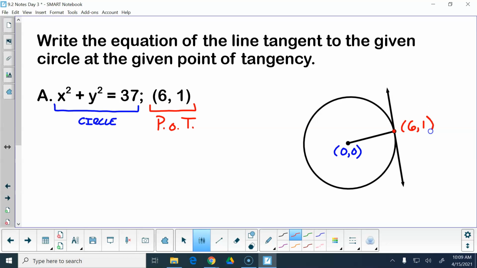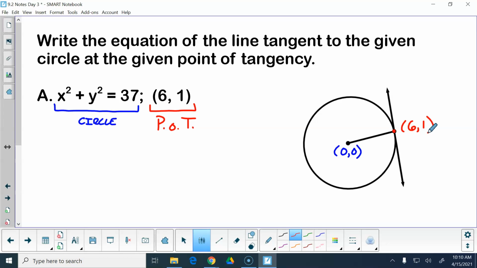It's at 6, 1. Does anybody know why those 2 points are important to us? We already know the radius is the square root of 37, but we could have found the radius by finding the distance between them.